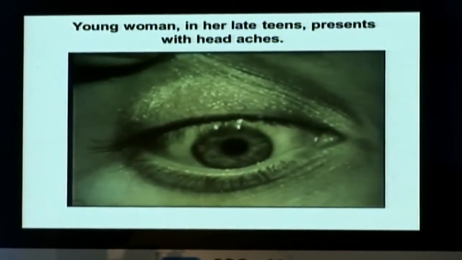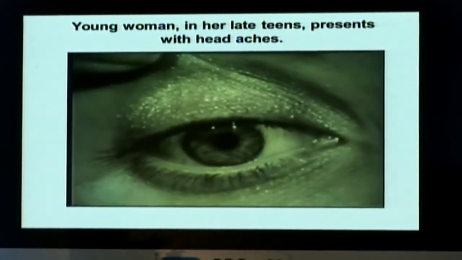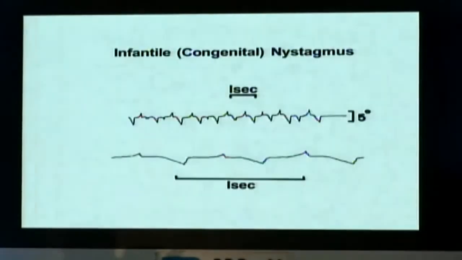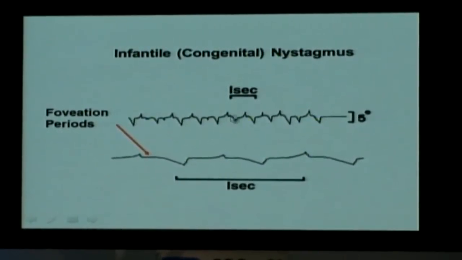If I can't tell what the nystagmus is doing, it's congenital. That's kind of a dumb rule, but it's not so bad. This is infantile or congenital nystagmus. This is what the eye is doing. It's beating in one direction, the eye takes off, and then it turns around and beats in the other direction.